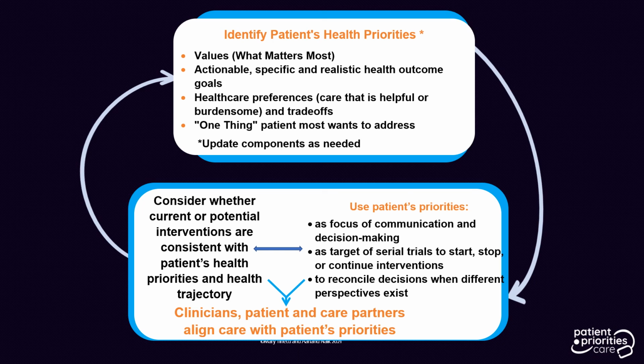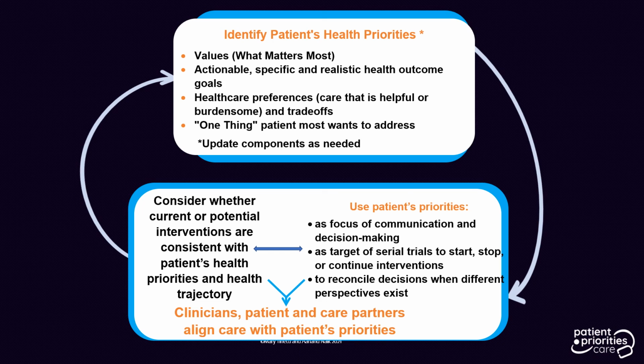That is, the healthcare tasks, medications, procedures, and healthcare visits that they are willing and able to do to achieve these outcome goals. After identification, these priorities are shared with the healthcare team. The healthcare team, patients, and care partners then work together to align care with these priorities.